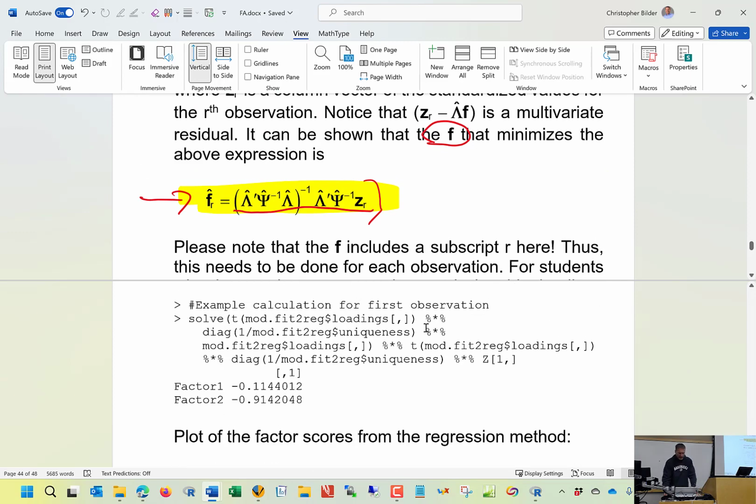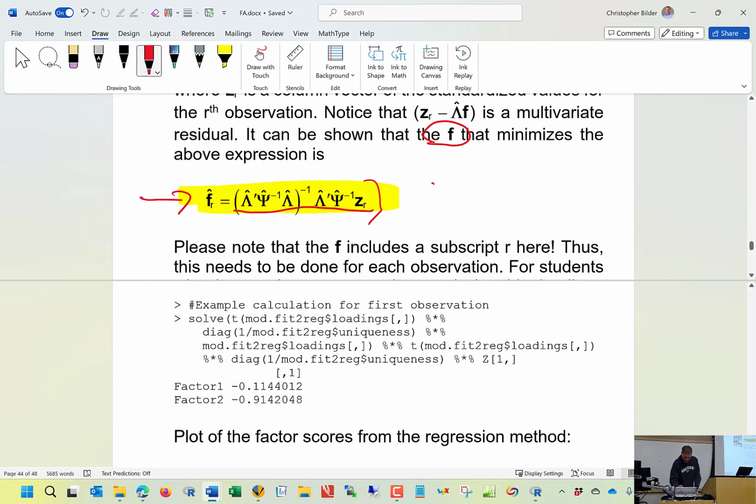So just to show you that indeed you could do all the calculations yourself, I actually programmed in the corresponding matrices. Just to review, notice I have the word solve here because I'm going to find the inverse. Then I have a lambda hat, and it's going to be transposed.